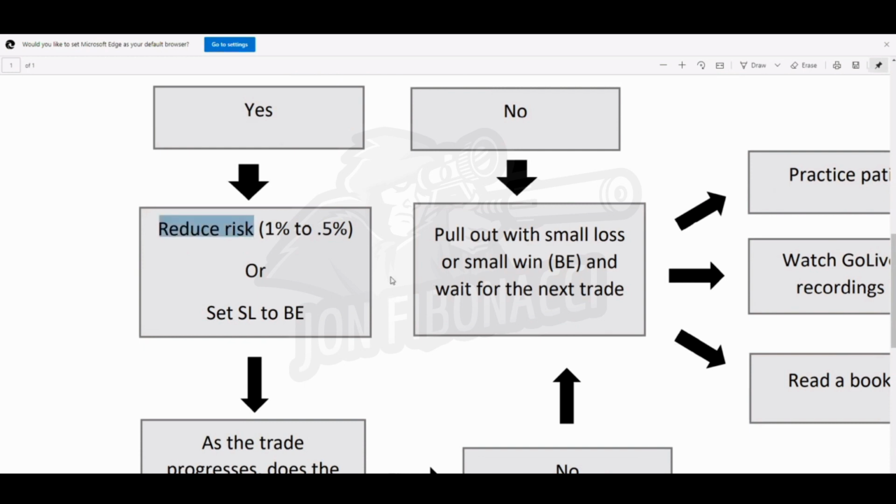Now, what that means is, just like I explained in the last part, if I initially risked 1% and the market is now going in my favor, my goal is to take risk off the table, right? I want to risk a little bit, and then out of that little bit, I want to risk as little as possible, okay? Because I feel capital preservation is number one, and then risk management from that.